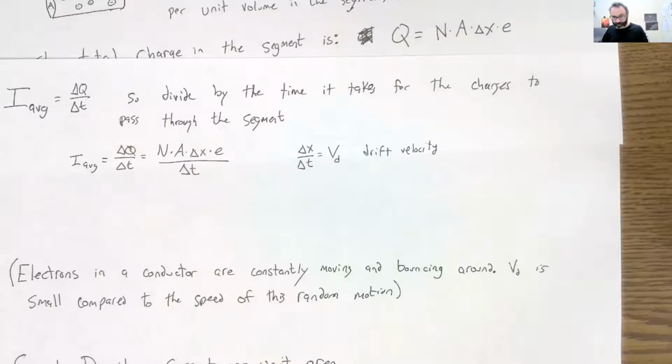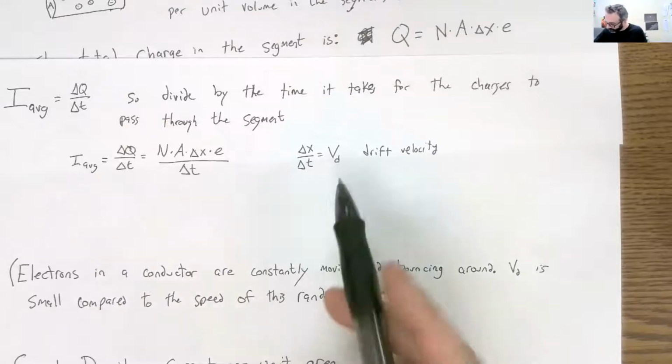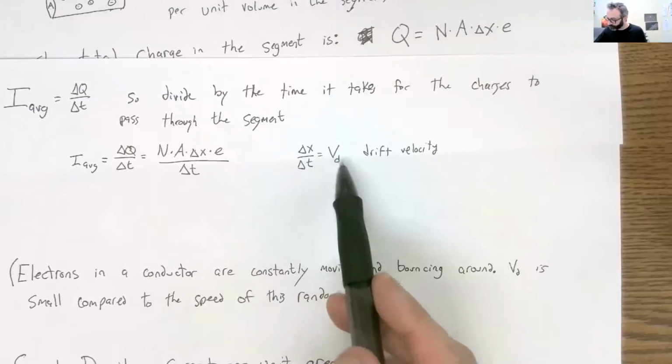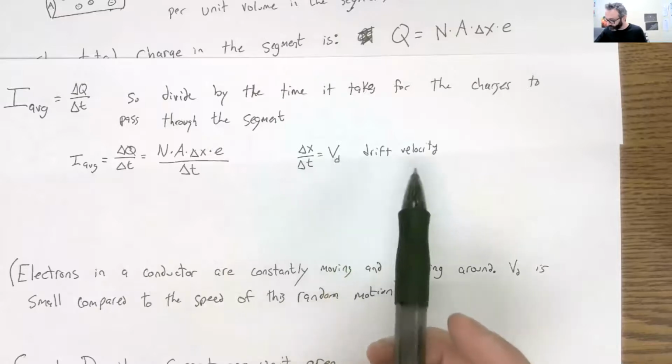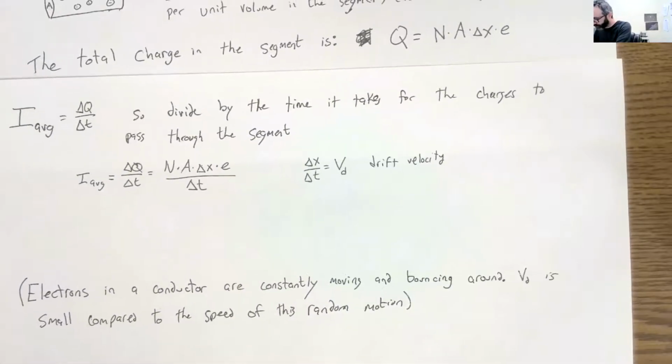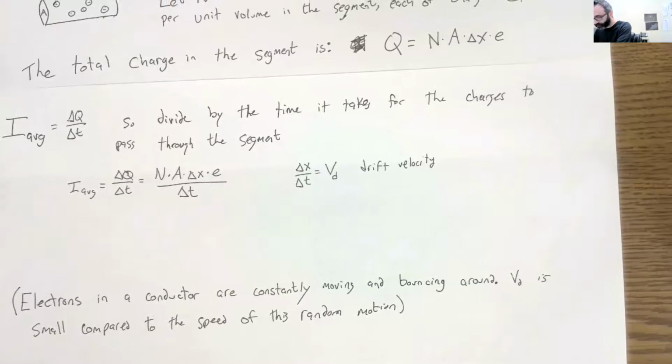But the random motion is in all directions equally, so it basically averages out to zero velocity. Once you have a battery attached and a current flowing, that's where this drift velocity comes from. So it's important not to think that when there's no current, all these electrons are sitting still. Unless you're at absolute zero temperature, they are going to be bouncing around off of each other. And that bouncing creates resistance.